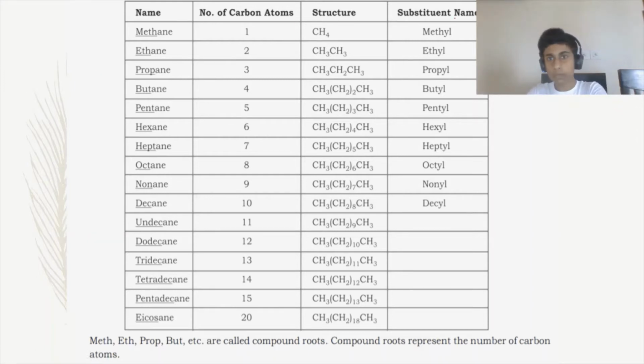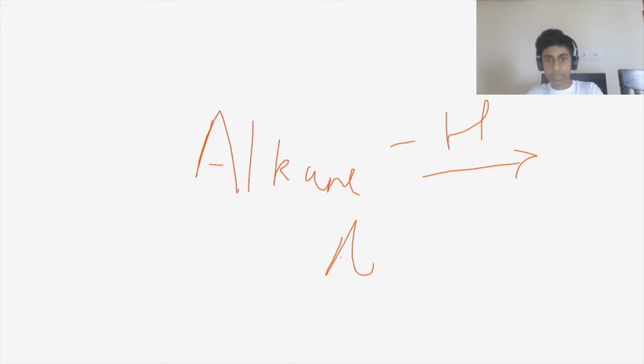So all these substituents, as we mentioned earlier, the alkyl group is just an alkane. If you remove a hydrogen, we get alkyl.